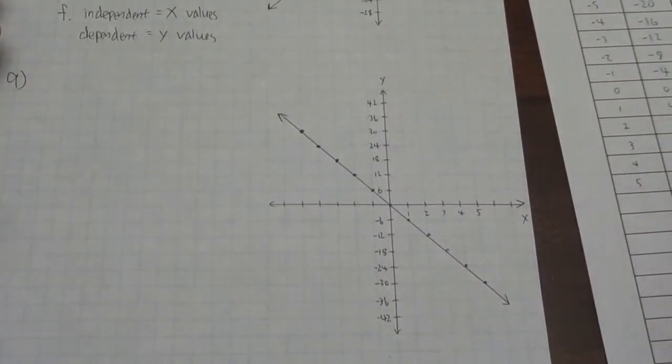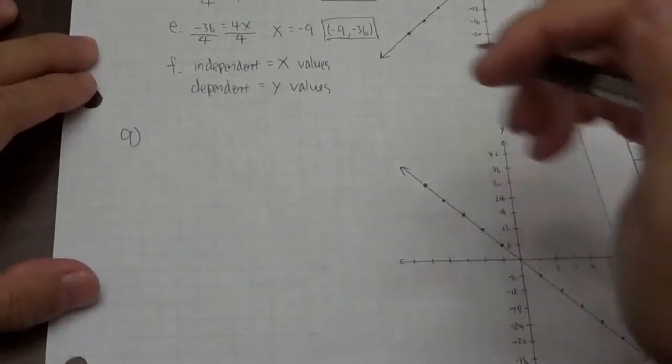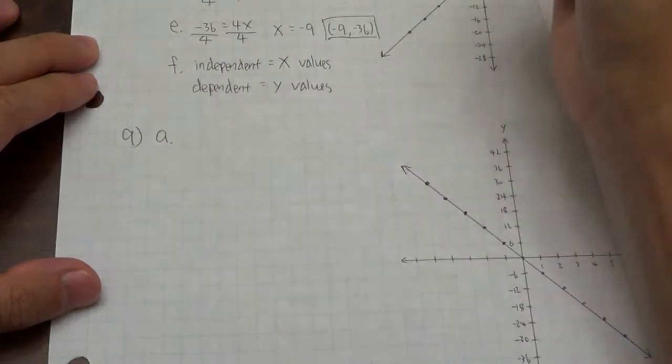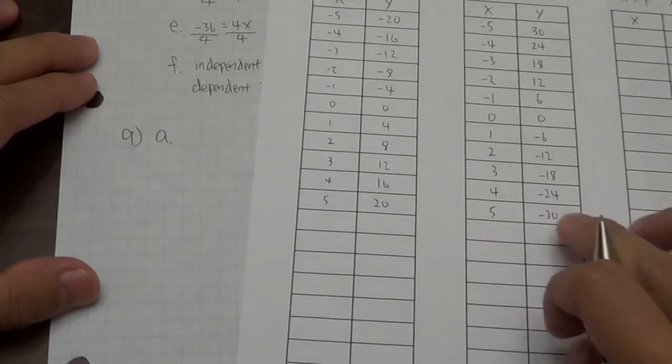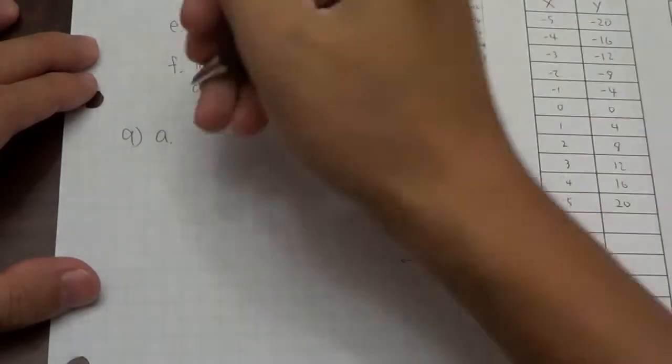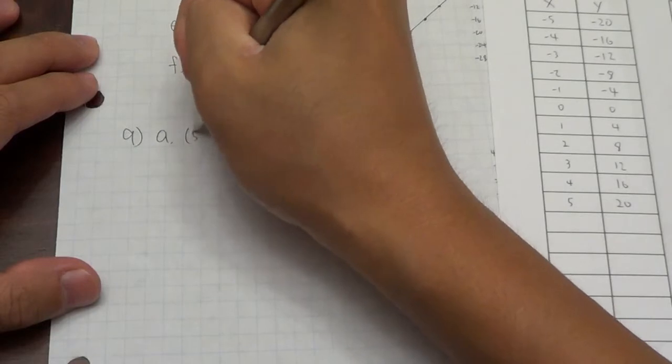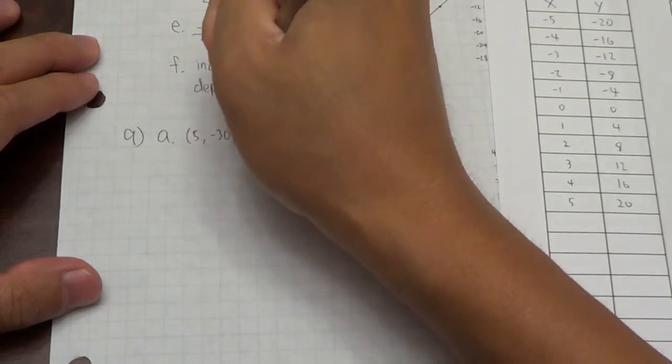So there's our line. Now we answer the questions. 9A: what point on the line has 5 as the first coordinate? I go to our table. When x is 5, y is negative 30, so the answer is (5, -30).